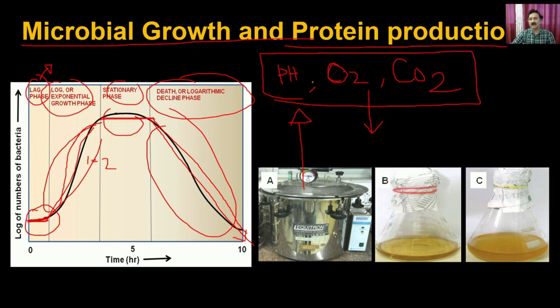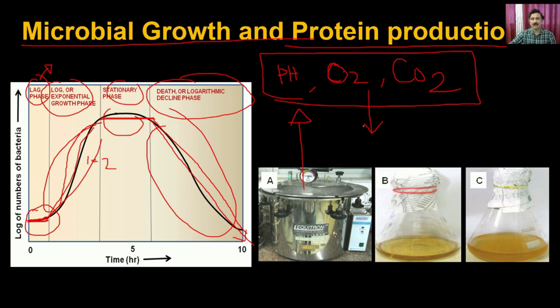That is always done when you are doing microbial growth and protein production under controlled conditions, and for this you have to use bioreactors. In this case, we are using a simple flask, so whatever oxygen is present in this flask is the only oxygen available for the bacteria. Similarly, there's no way to regulate the pH.